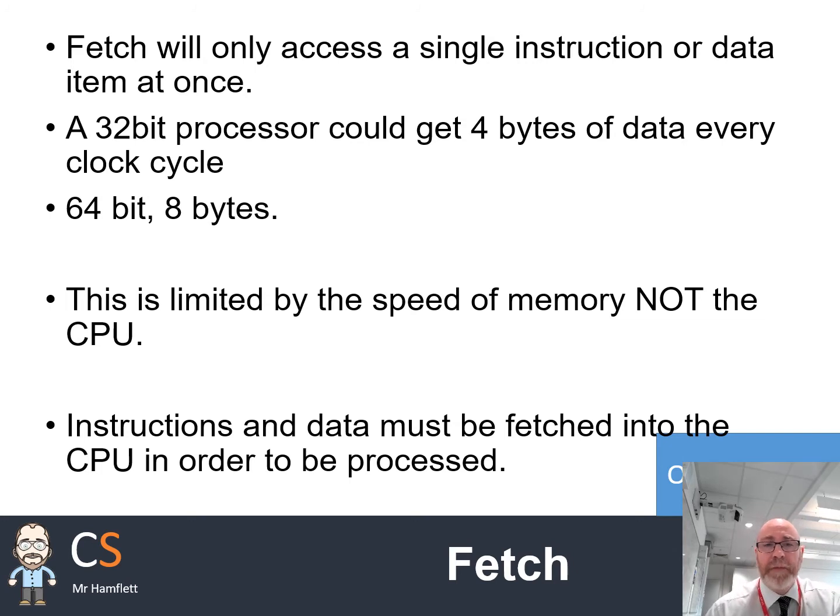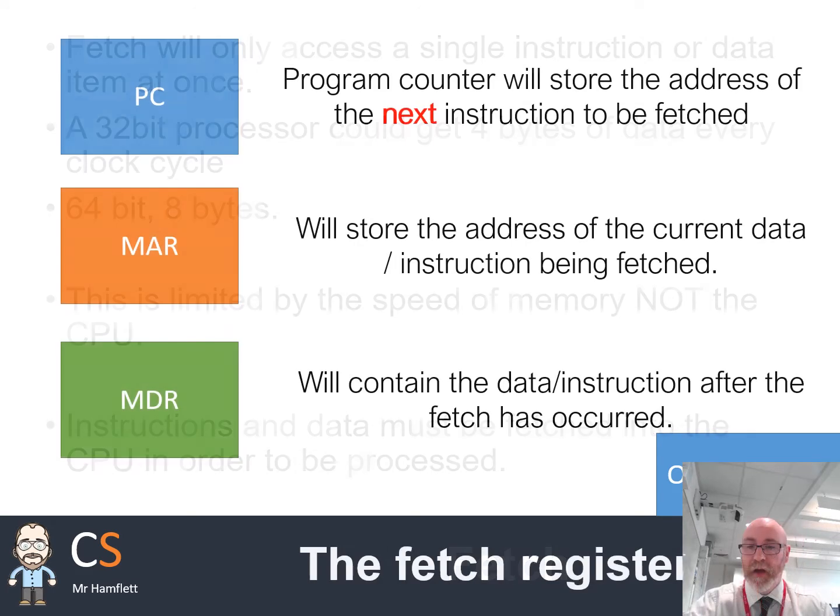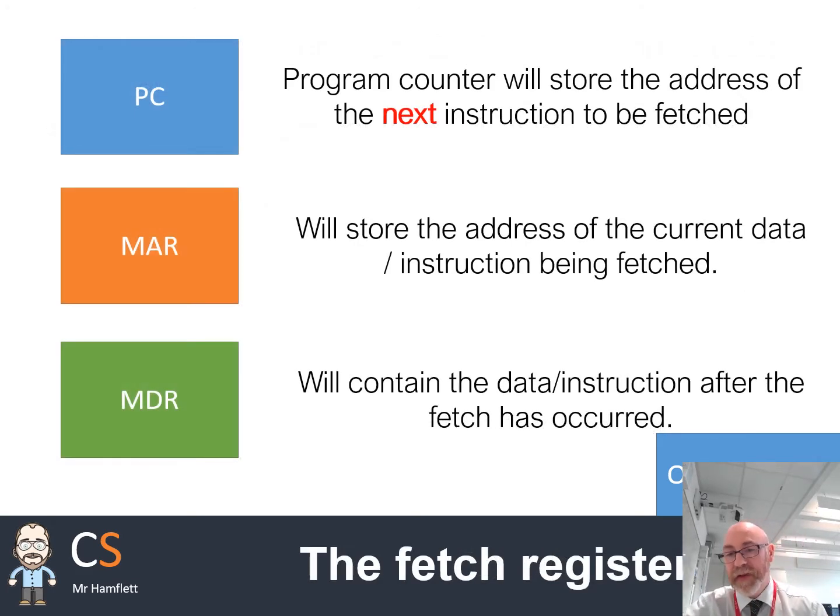So when we're talking about the FDE cycle, we are talking about fetch, decode, and execute. Any talk about the FDE cycle would be remiss without reminding you of the registers, because otherwise things don't always make sense. There are three registers involved in the fetch stage. We've got the program counter, which points to the next instruction to be fetched.